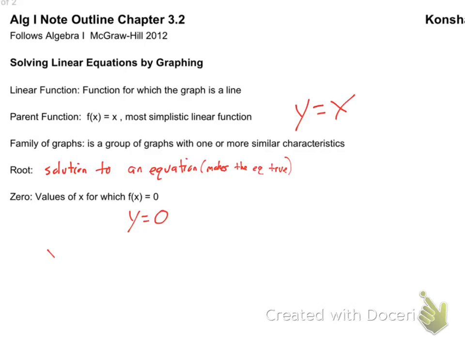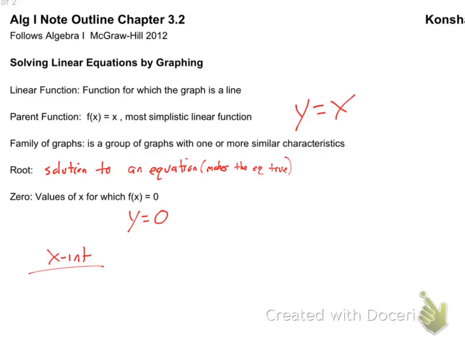So we also, guys, they don't have it listed here, but I think it's a good place to talk about the fact that a zero is the x value which is the solution to an equation, which is the root, because it makes the y equal 0. But that means that if y is 0, then on a graph, it's actually the x-intercept of the graph.